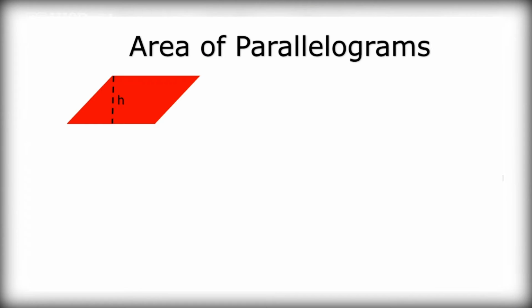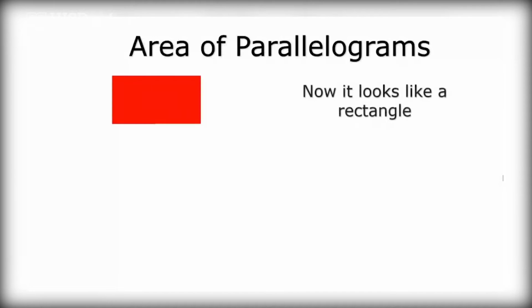So for us to be able to find the area of the parallelogram, we have to look at the shape that we have. And we see that the left side of our parallelogram looks like a right triangle. So if we cut that extra part and we put it on the right side, we can see that it forms a perfect rectangle.